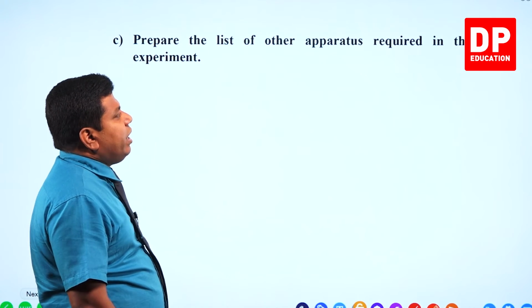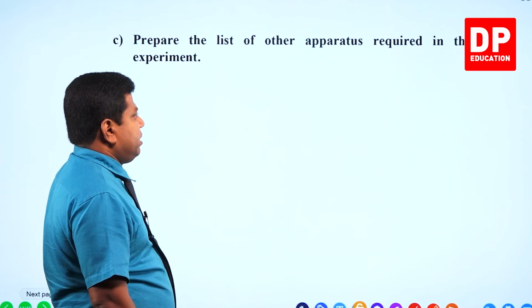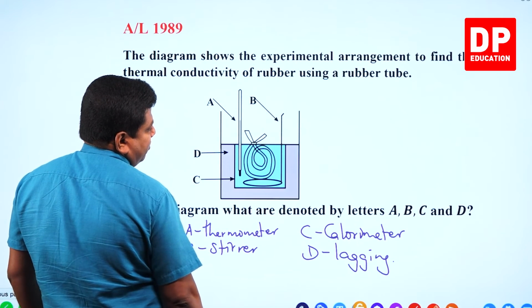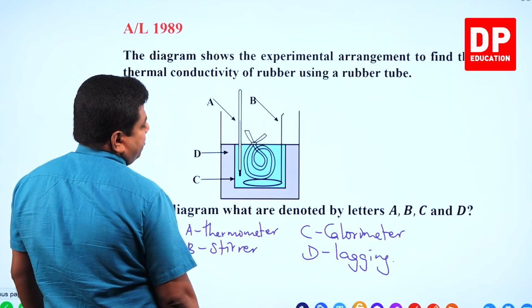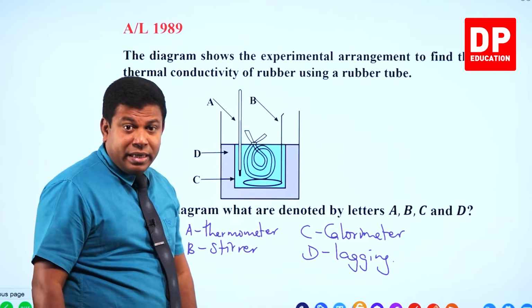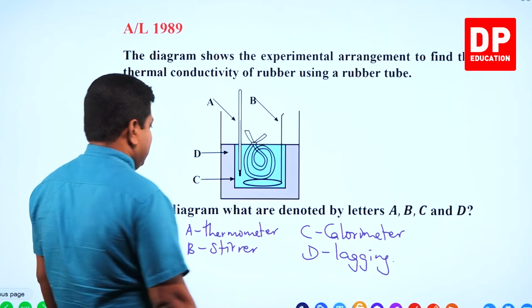Prepare the list of other apparatus required in this experiment. What other apparatus we need here? Let's see. Okay, what is missing here? The steam generator is missing. Stopwatch is missing. What else is missing here? Chemical balance or 3-beam balance is missing.